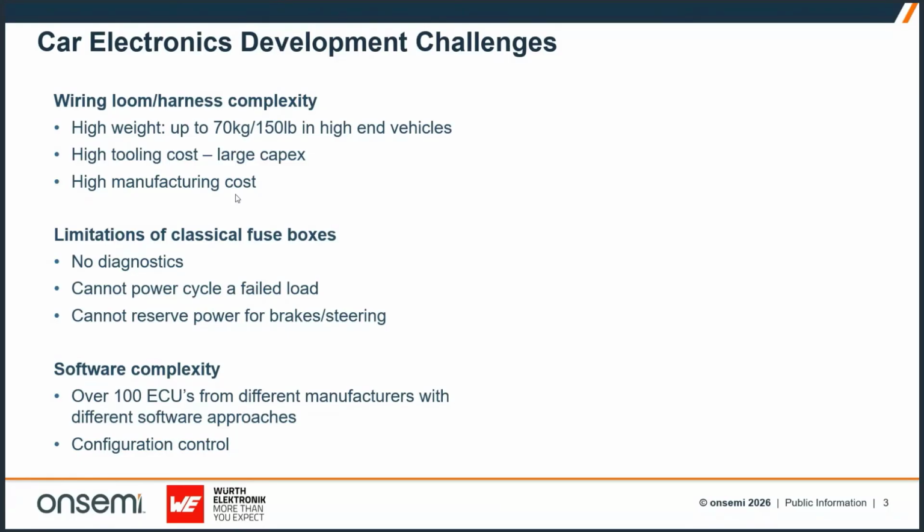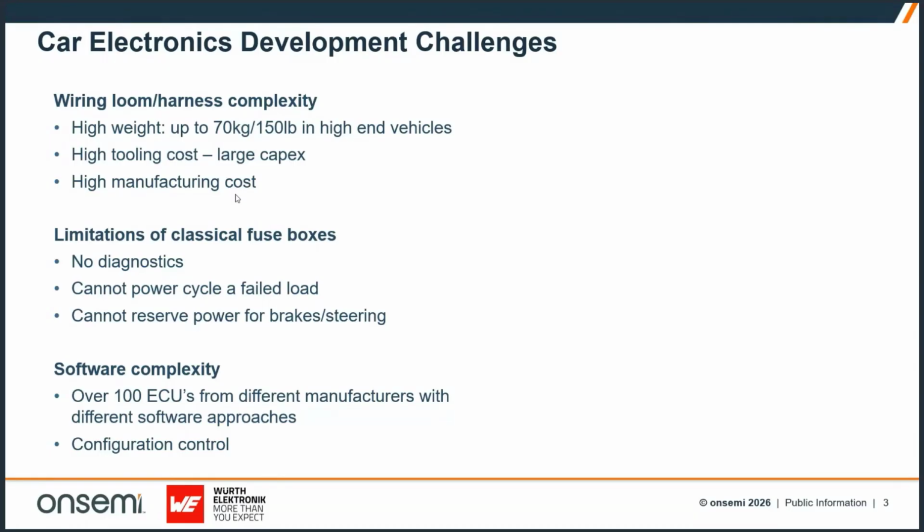It has a classical fuse box. It didn't say, okay, there's no message from the camera, let's just cycle the power and start again. You can't do that with a classical fuse box. Another thing is reserving power for brakes and steering. We'll talk about that in a moment.